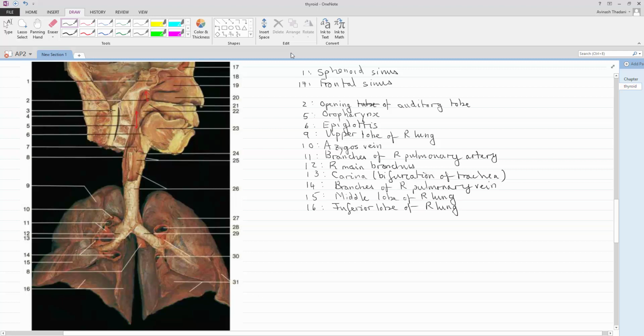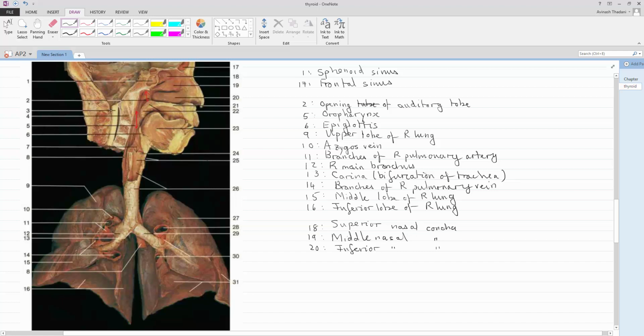Now 17, we've gone back onto the superior part of the diagram. So 17 is the frontal sinus. 18 are the conchae and so forth. So 18 is the superior nasal concha, and I'll explain the concha in a second, what its function is. 19 is the middle nasal concha, and 20 is the inferior nasal concha.